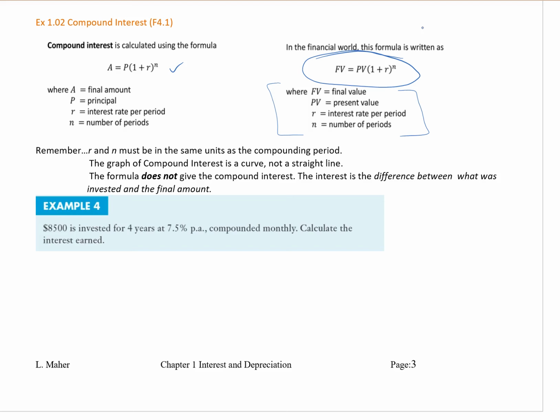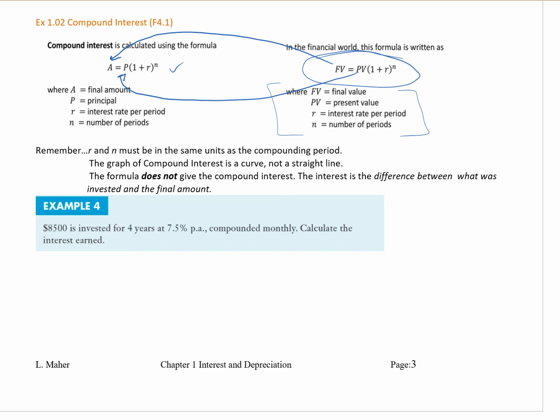So then over here, the FV stands for the future value, which is the same concept as the amount that's in the account in the future. Present value is the amount that was deposited, and we've got R and N, which are exactly the same as our understanding for R and N in the compound interest formula.